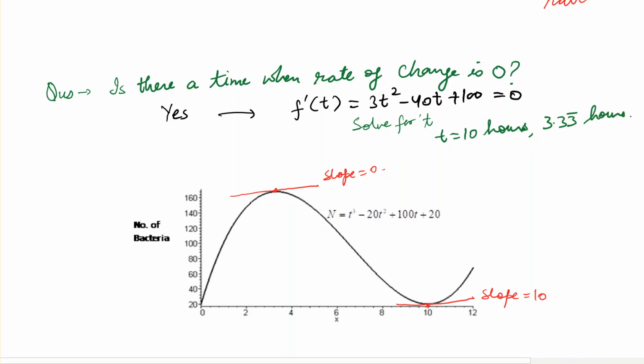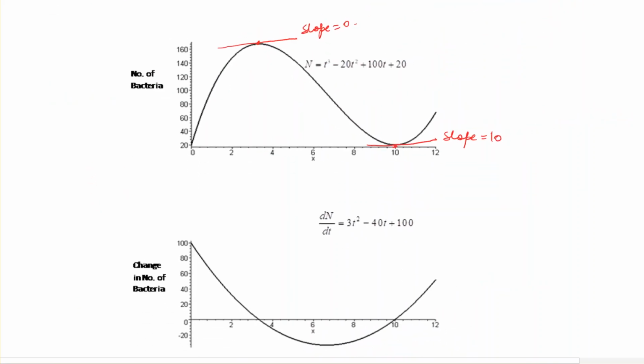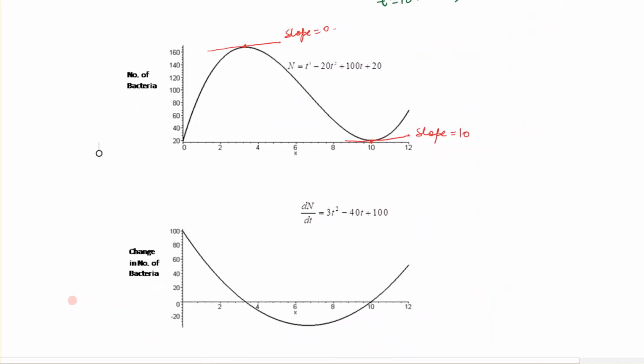Let's take a look at the graph of the number of bacteria and the change in the number of bacteria together. In this one, we already talked about when the slope would be 0.